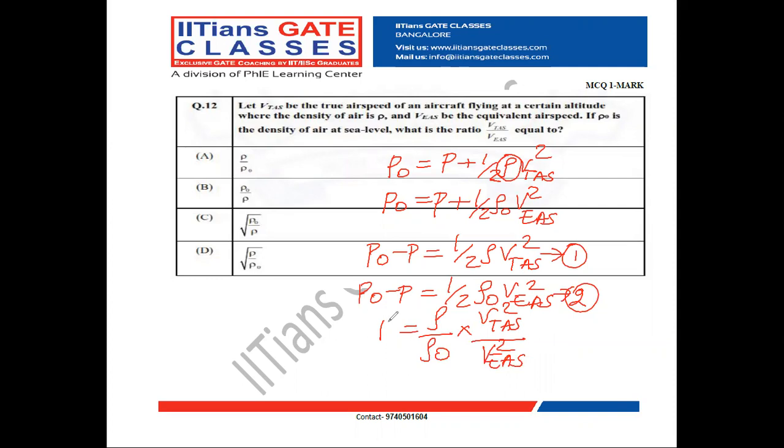If I take rho by rho naught to the other side, it becomes rho naught by rho equal to V true airspeed square by V equivalent airspeed square. Taking the square root, V true airspeed by V equivalent airspeed equals root of rho naught by rho. So the correct option is option C.